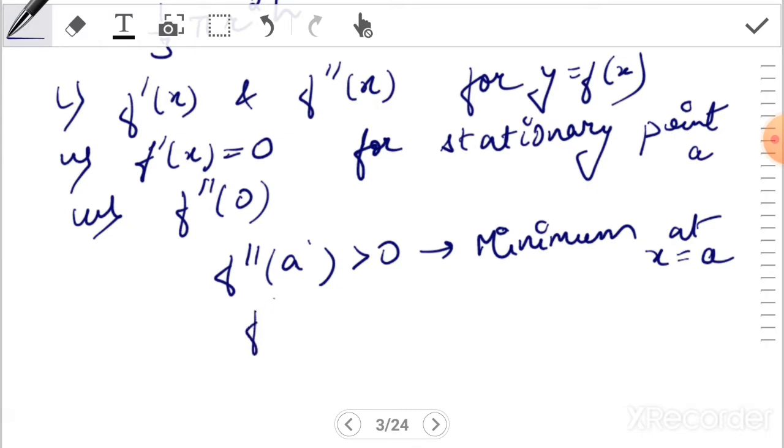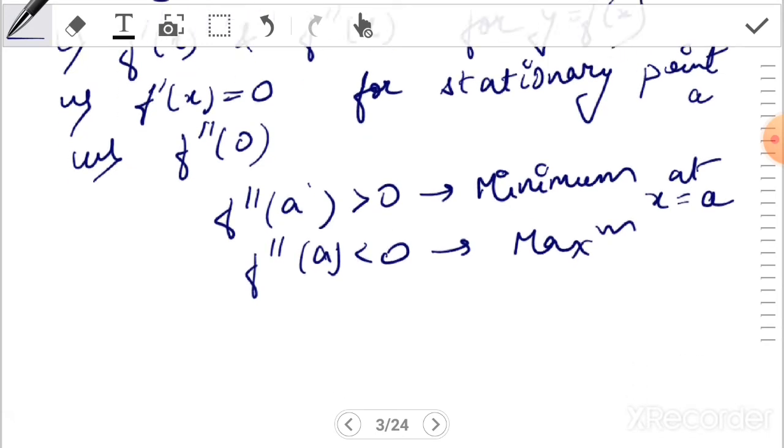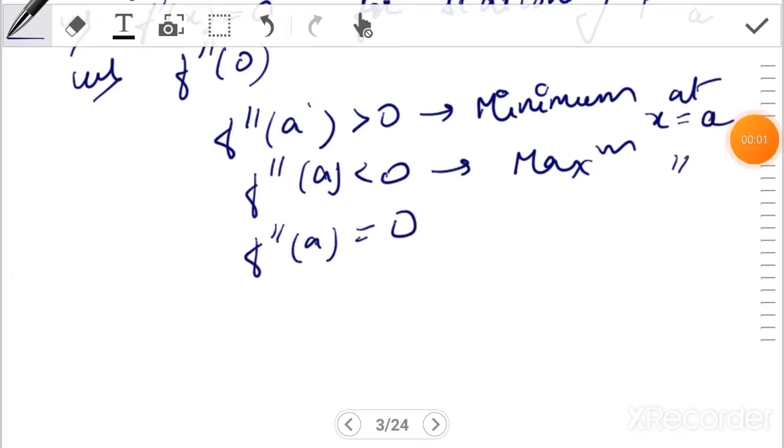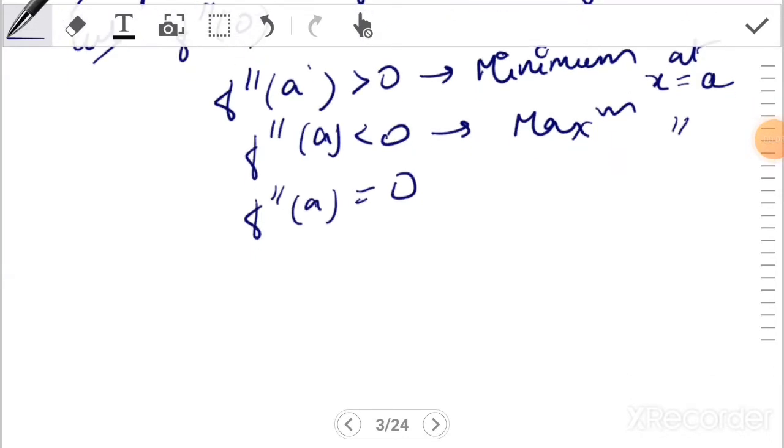If f double dash a is less than 0, then we will have a maximum at x = a, and the maximum value will be f(a). And if f double dash a is 0, we may not have a maxima or a minima at x = a.